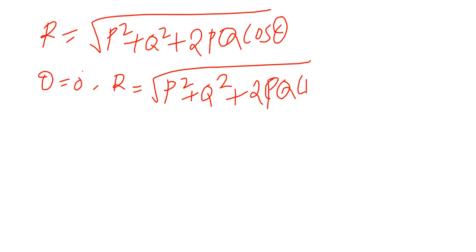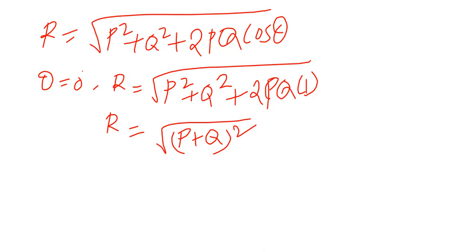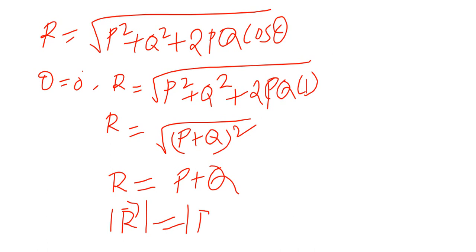That is, R is equal to root over P plus Q whole square, which means R is equal to P plus Q. So modulus of R bar is equal to modulus of P bar plus modulus of Q bar.